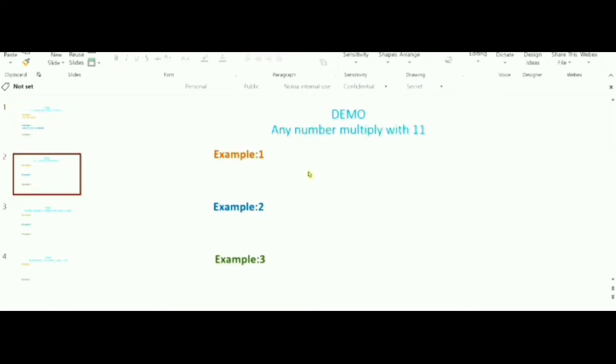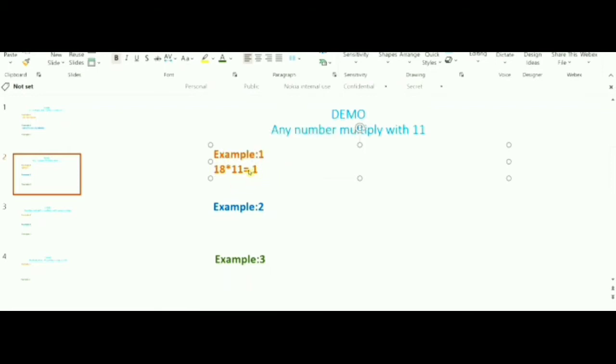Second trick: if any number is multiplied with 11, how do we do that? Suppose the number is 18 and we are going to multiply it with 11. The first number is 18 and its first digit is 1, so we copy that first: 1.